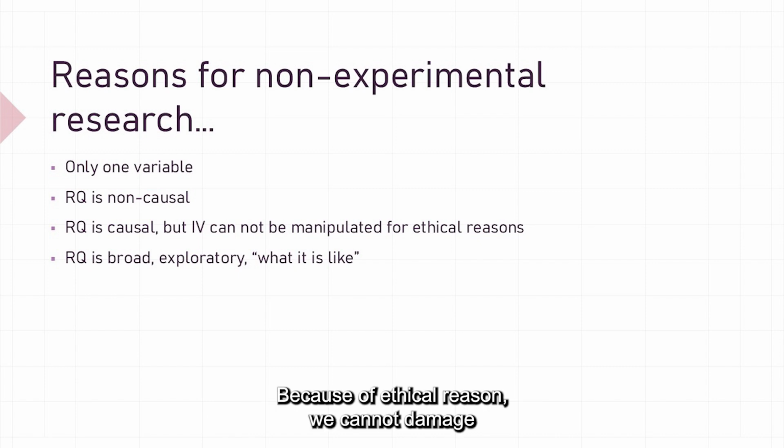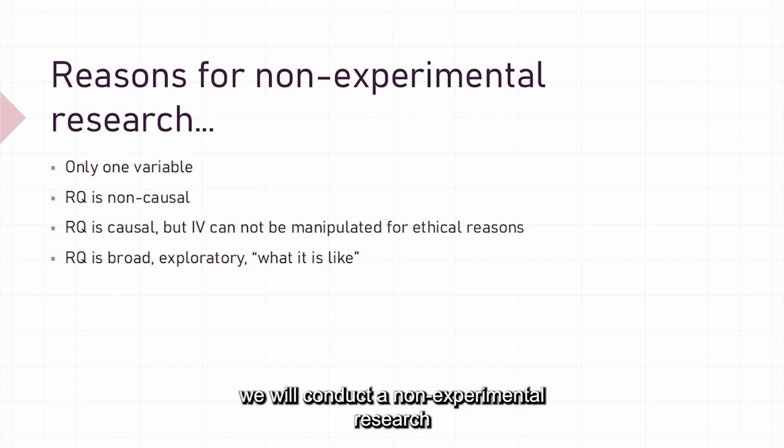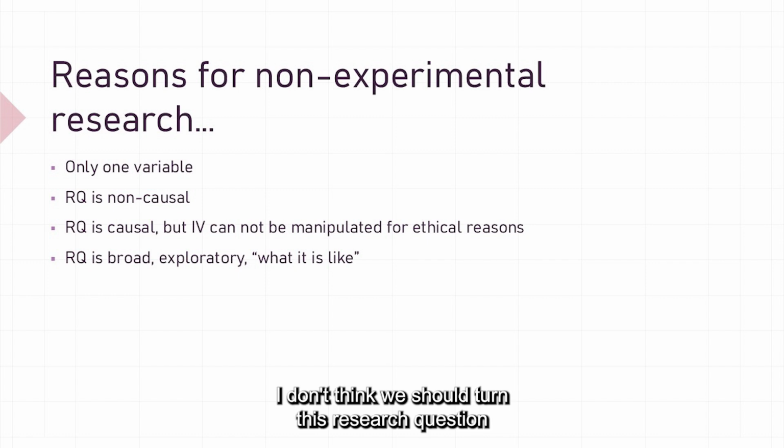Because of ethical reasons, we cannot damage the hippocampus of our participants. In this case, to study our research question, we will conduct a non-experimental study with patients as our subjects. I don't think we should turn this research question from non-experimental to experimental.